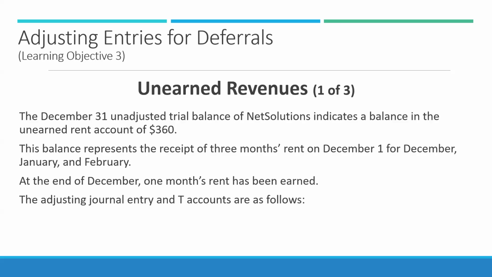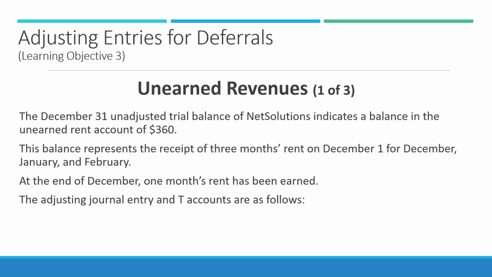So what adjusting journal entry do we need to report to show that the liability went down $120 and our rent revenue went up $120? Absolutely. Yes. Does that make sense?